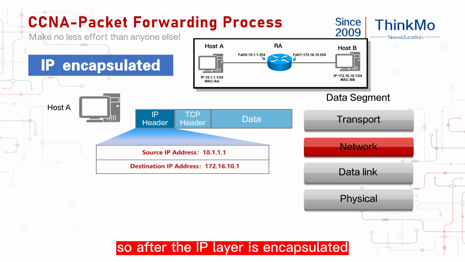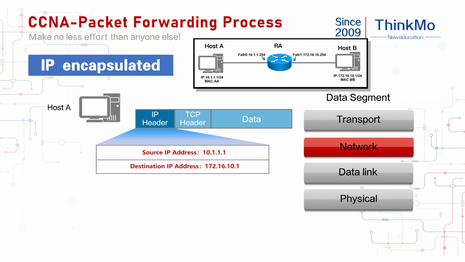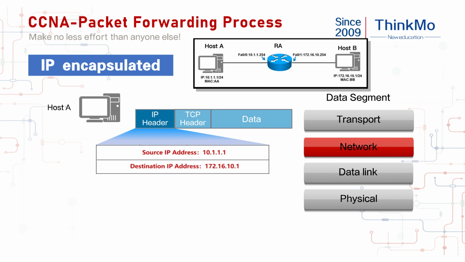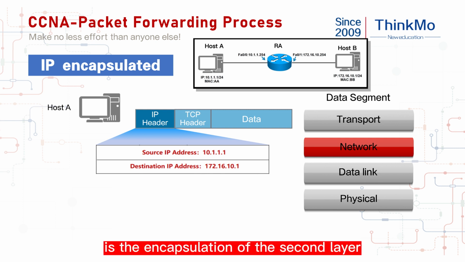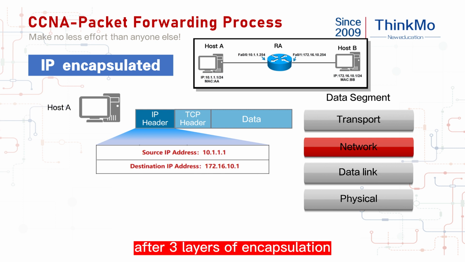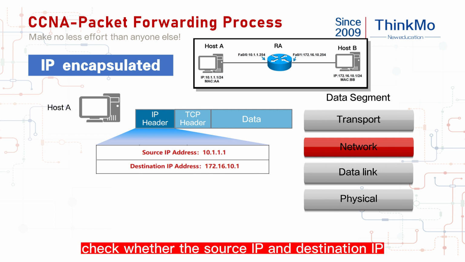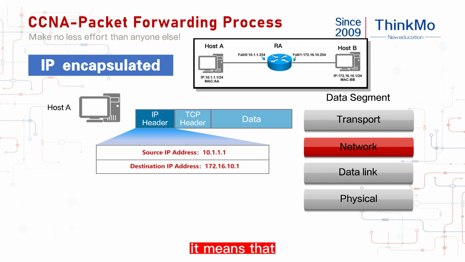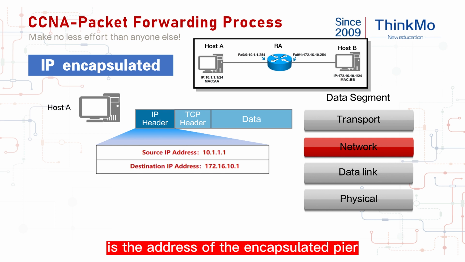So after the IP layer is encapsulated and the source IP and destination IP are determined, actually the most critical decision is the encapsulation of the second layer. After 3 layers of encapsulation, we will definitely check whether the source IP and destination IP are in the same network segment. If in the same network segment, the second layer encapsulates the address of the peer.